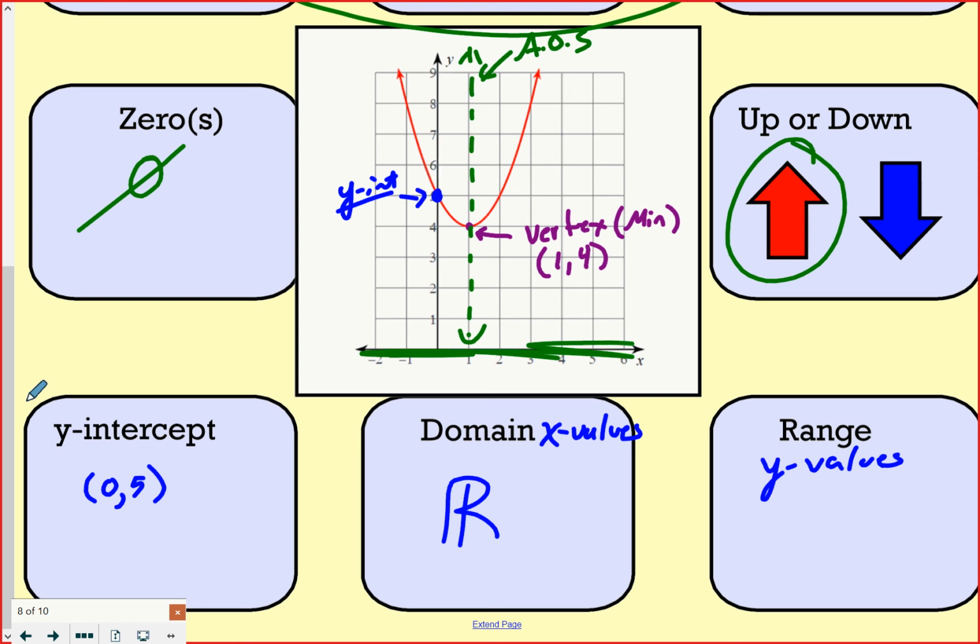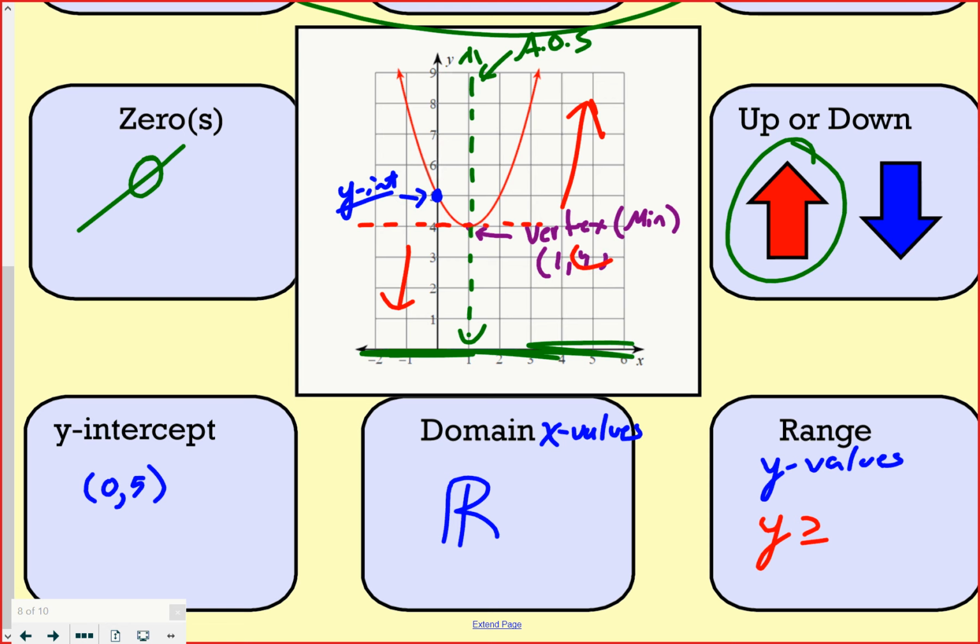I see that my graph is opening upward, so it's going to have a min, and I see that it's stopping right here, okay? So therefore, I see that anything above this, I can use my y values. Anything below this, my graph is never going to touch. So therefore, my y has to be greater than or equal to whatever the y value is.